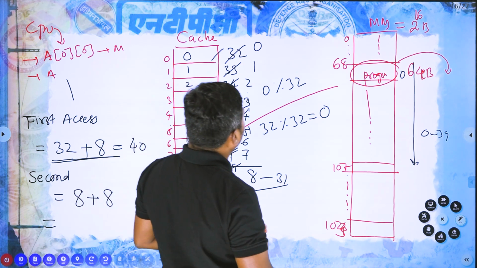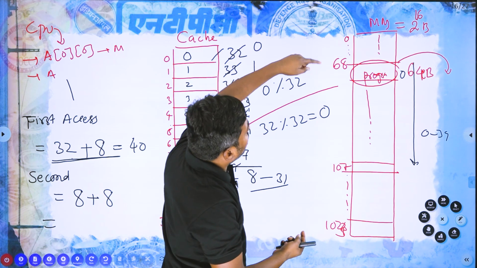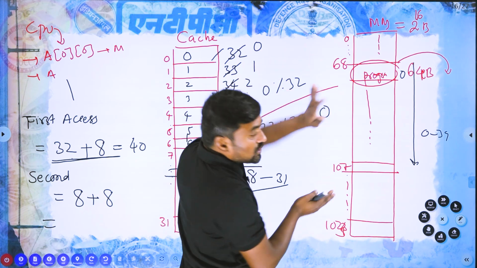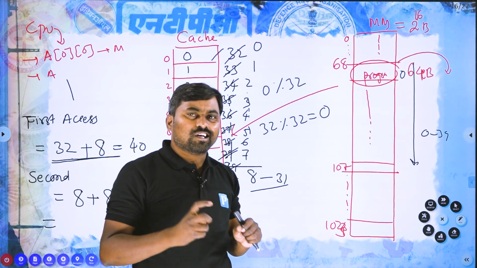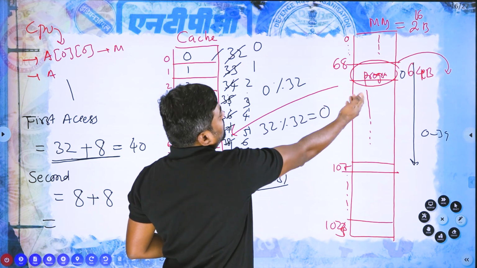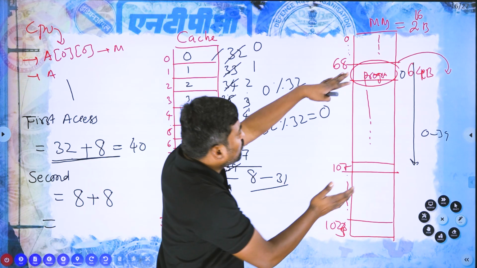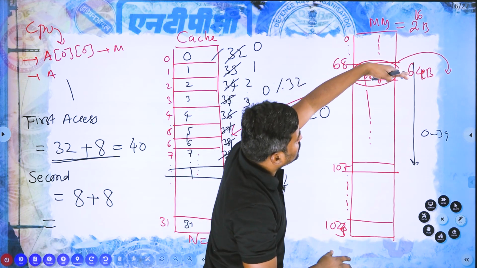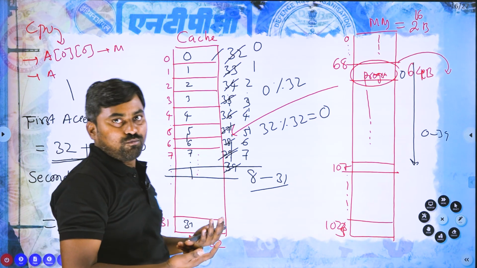And one more thing you have to notice, if I take the main block number 68 to 107, the meaning is the same, you will get the same answer. But you may feel a little confusion in the calculation, because you have to do 68 modulo 32, 16 modulo 32, 107 modulo 32. Instead of that, just move your program to start from 0 onwards, like assume that 0 to 39 blocks are there, you can check the mapping, things will be the same only.